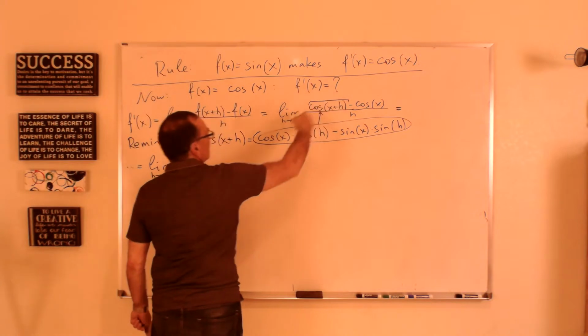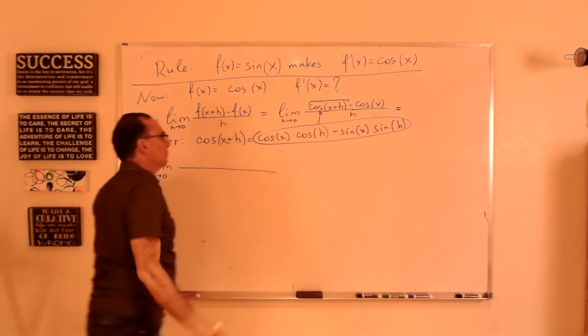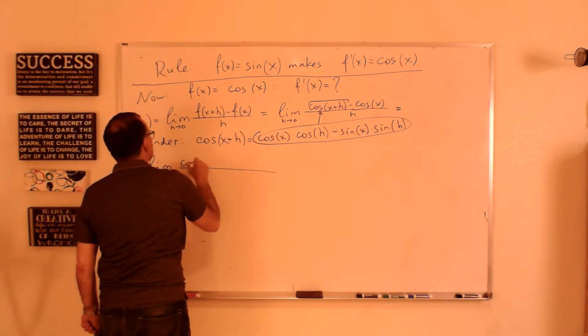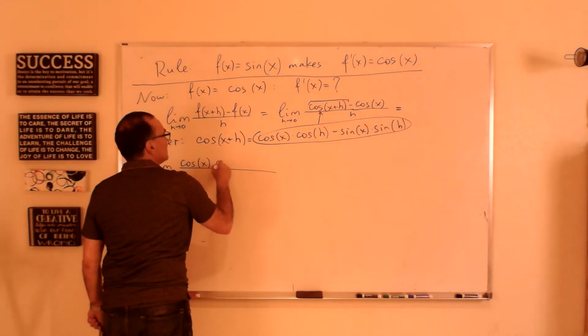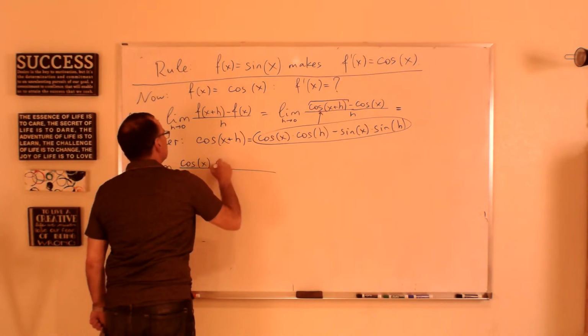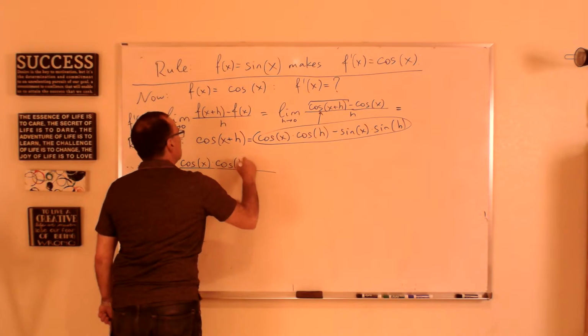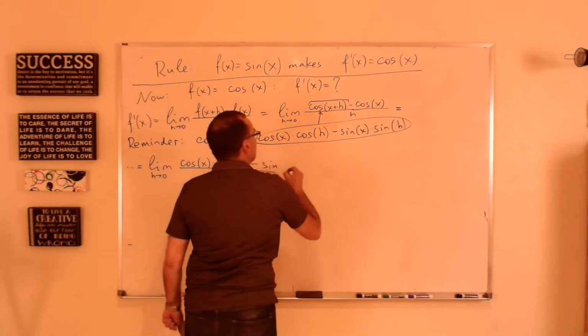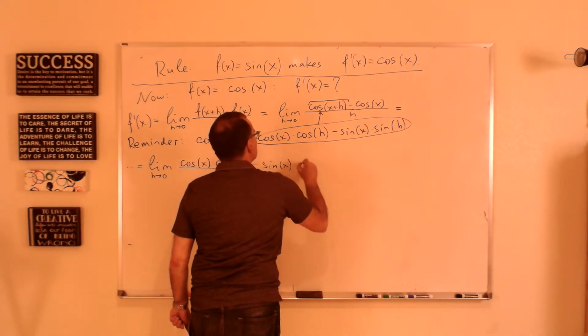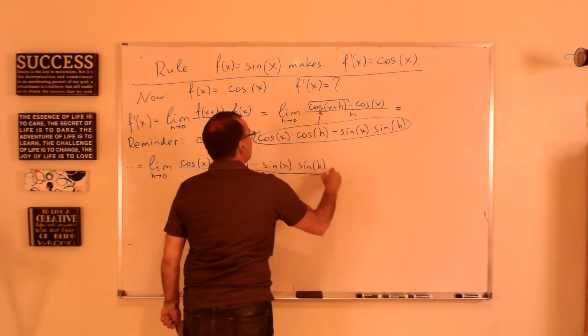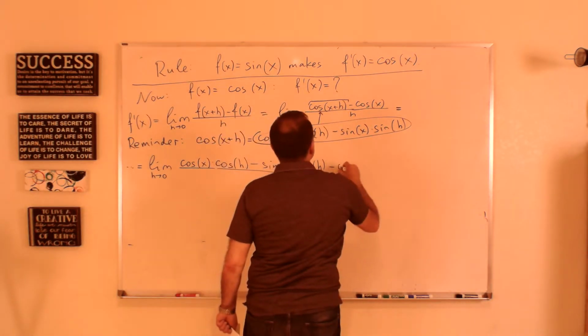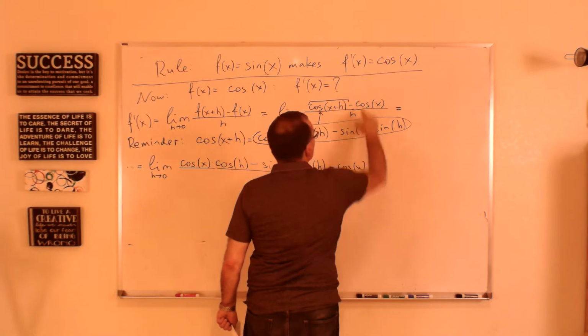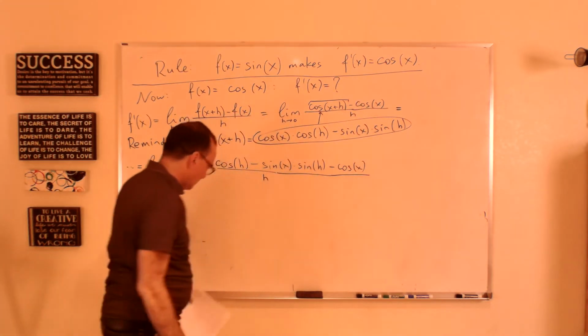This first portion is replaced with this long formula, so cosine x times cosine h minus sine x times sine h, and again we need to subtract cosine x because of this and divide by h.